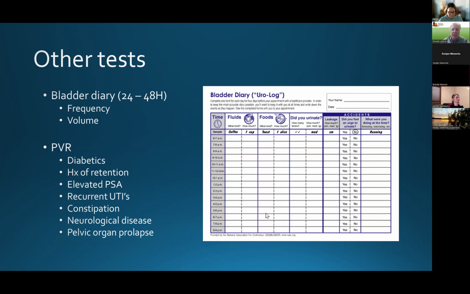They can do a pre and post. And so the post-void residual is particularly important in diabetics who may have a neuropathy. If you know that they've had urinary retention before, if you happen to know that a male has a prostate-specific antigen elevation, and then a few of the other points that are listed here.